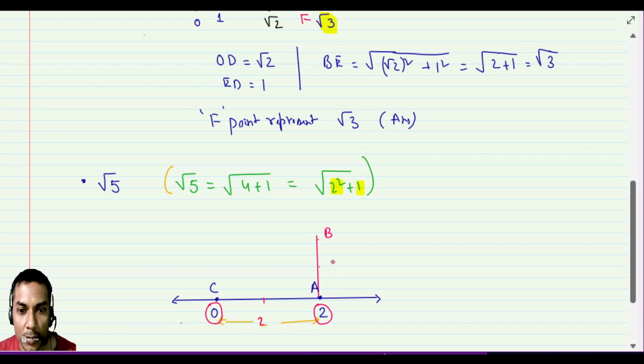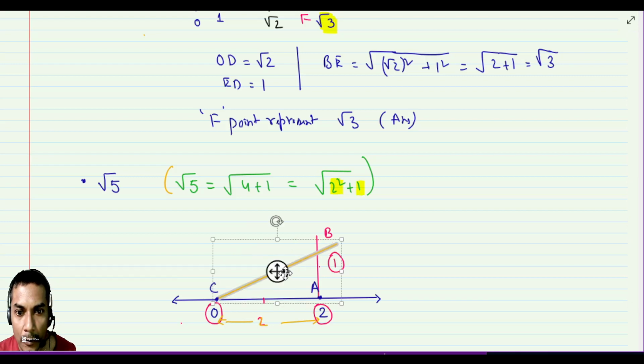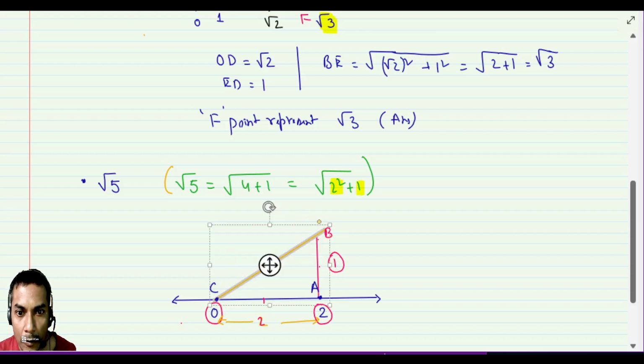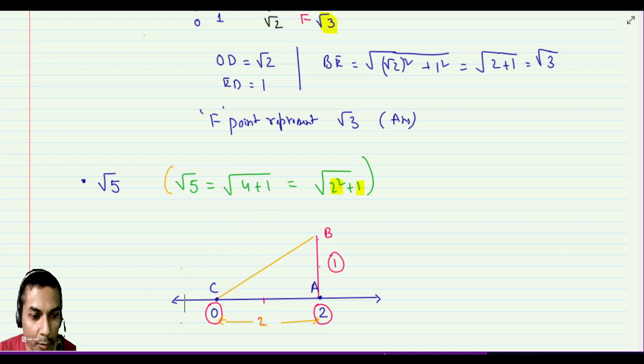So AB is actually 1. We consider 1. Why? Because to get this right angle triangle, clear, then you connect this line, the hypotenuse. Clear? We get one hypotenuse.